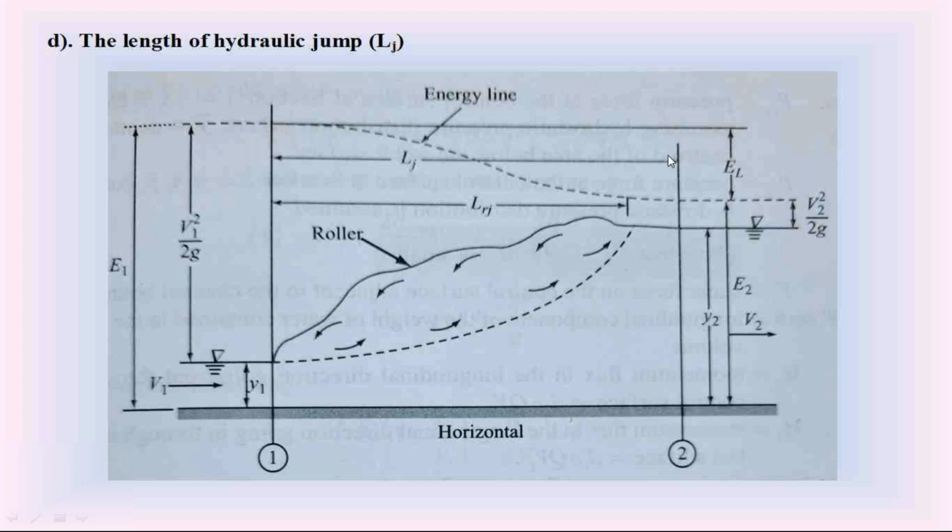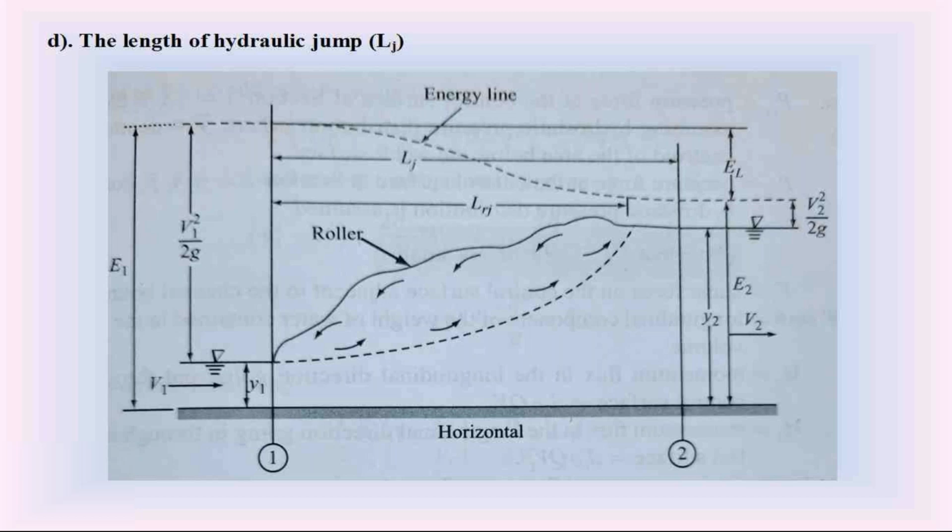So from the toe of hydraulic jump up to the beginning of the subcritical condition of water flow, this horizontal distance is called the length of the hydraulic jump. So that horizontal distance is called the length of hydraulic jump, based on research and observations.